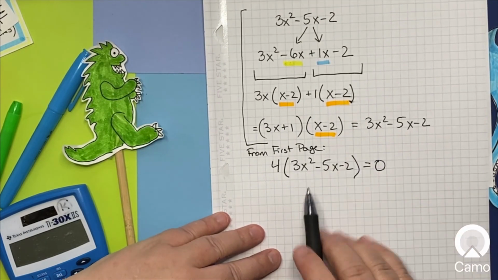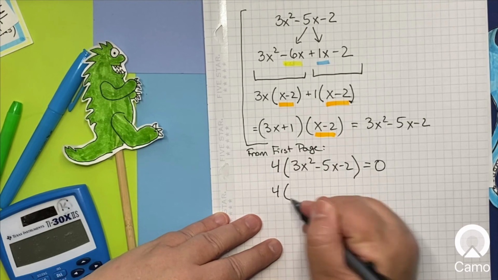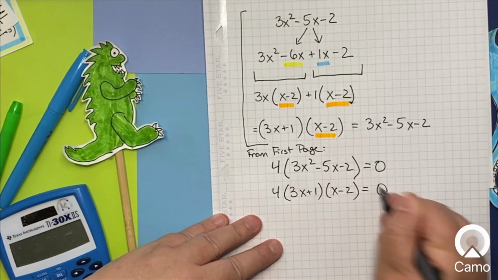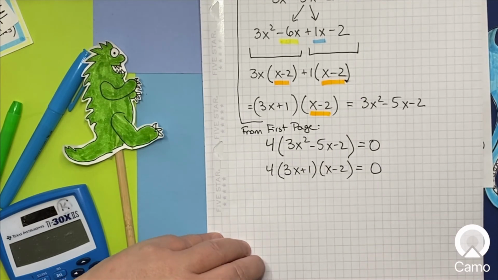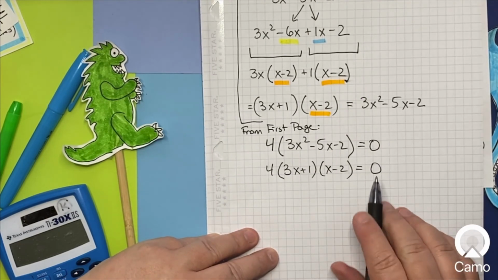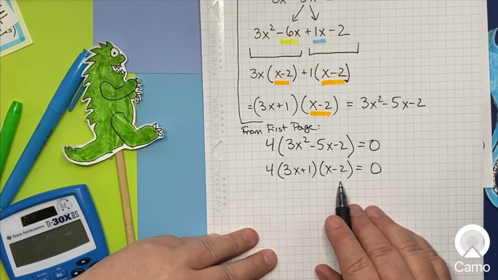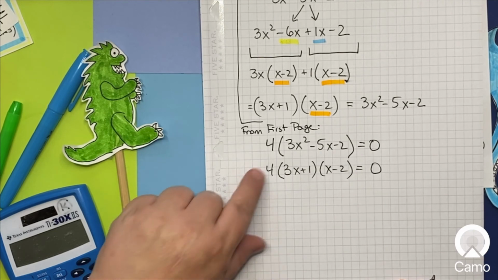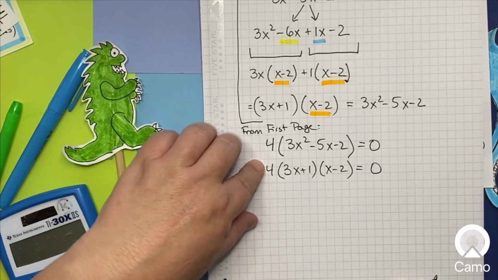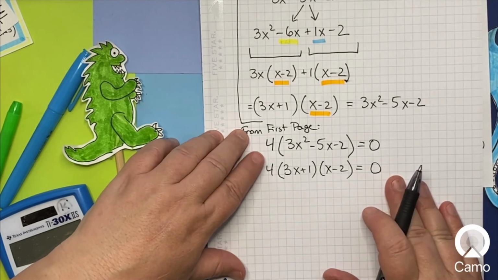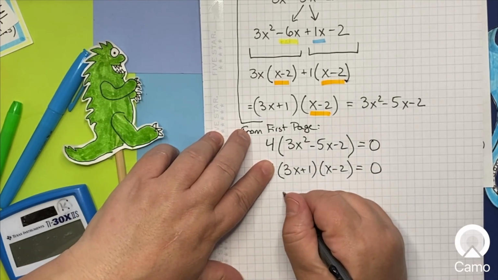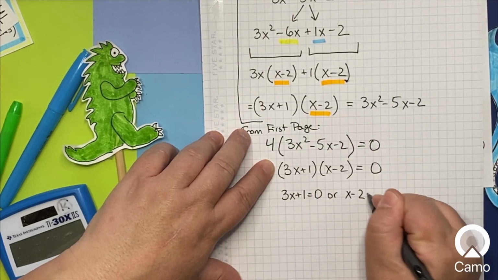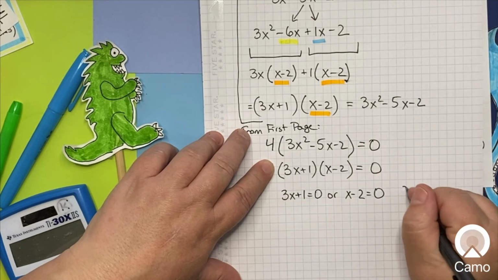But we now know that we can factor this further, and we can factor it to 3x plus 1 times x minus 2, the whole thing equals 0. Now, the 0 property says if you get 0 by multiplying things together, no matter how many things there are, one of them has to equal 0. Now, this 4 can't equal 0, so that's just silly. 4 can't be 0, so we just exclude that. We've got 3x plus 1 equals 0, or x minus 2 equals 0. This is called the 0 property.